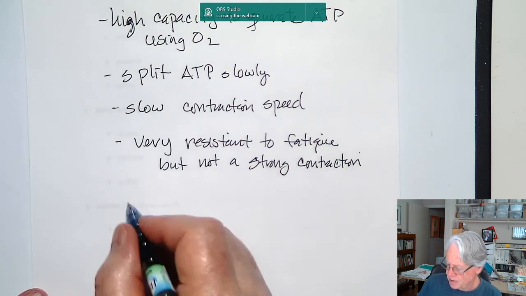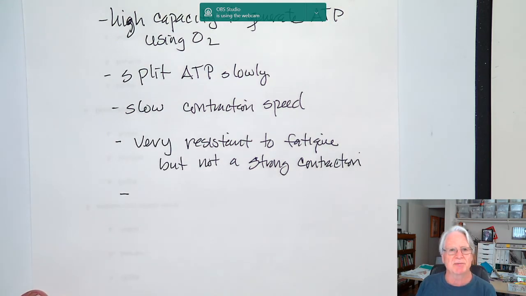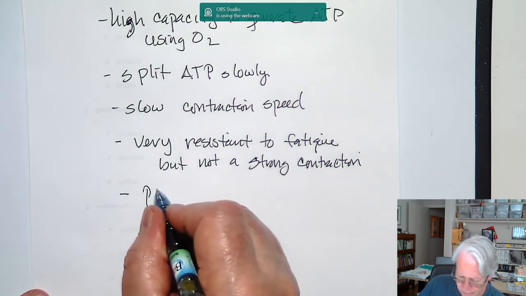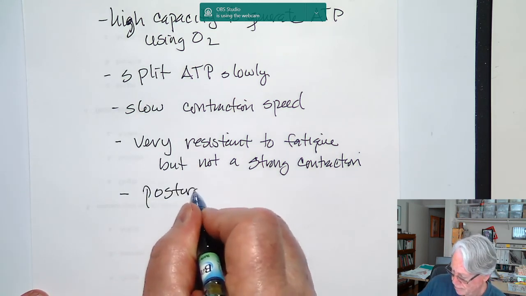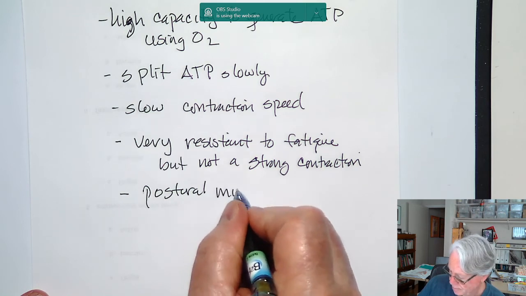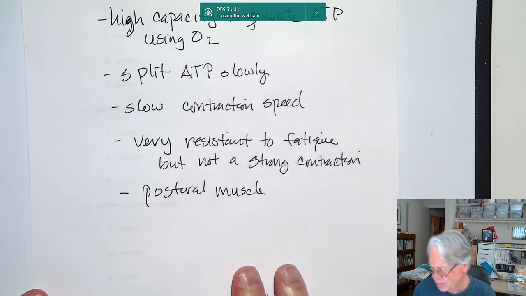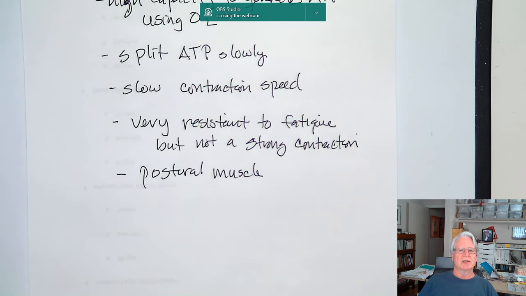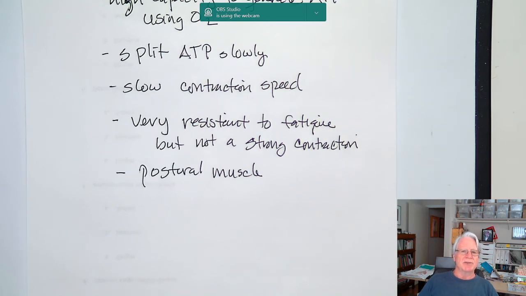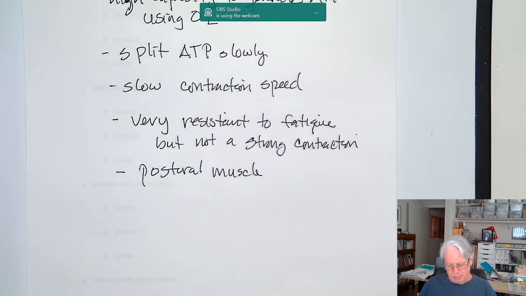These are the types of muscle tissues that are good for posture control. So postural muscles are made up mostly of these types of muscle fibers. They would also be nice to have if you're running a marathon.